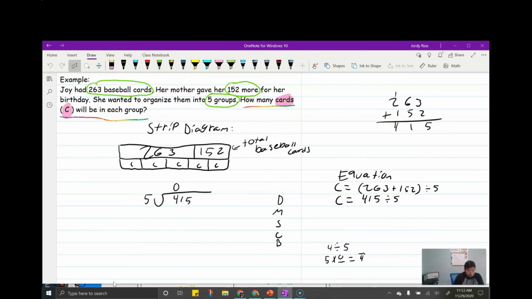5 times 0, because that's my quotient. 5 times 0 is 0, good. 4 minus 0, good, 4. Now bring down my 1. Okay, so now our new number is 41 divided by 5, or 5 times what will be close to 41?